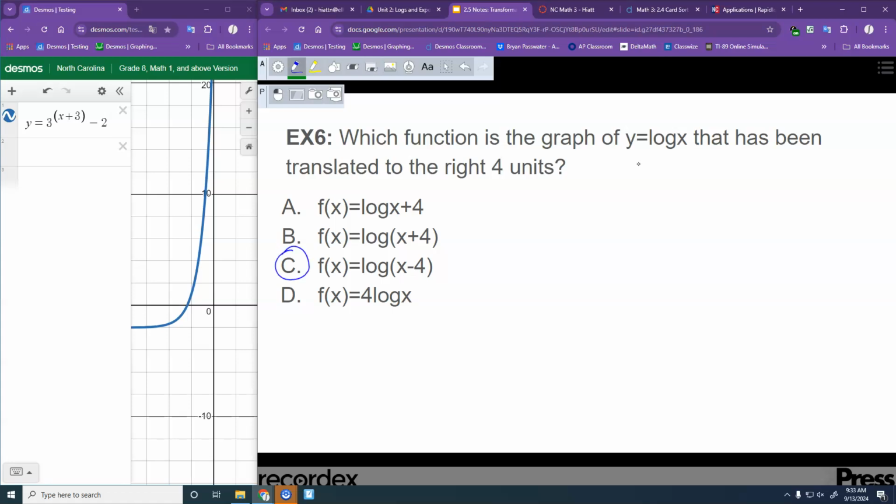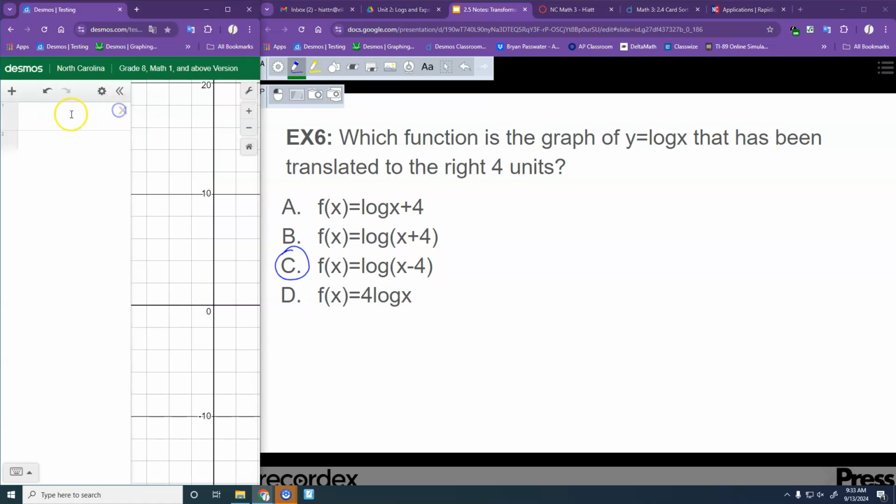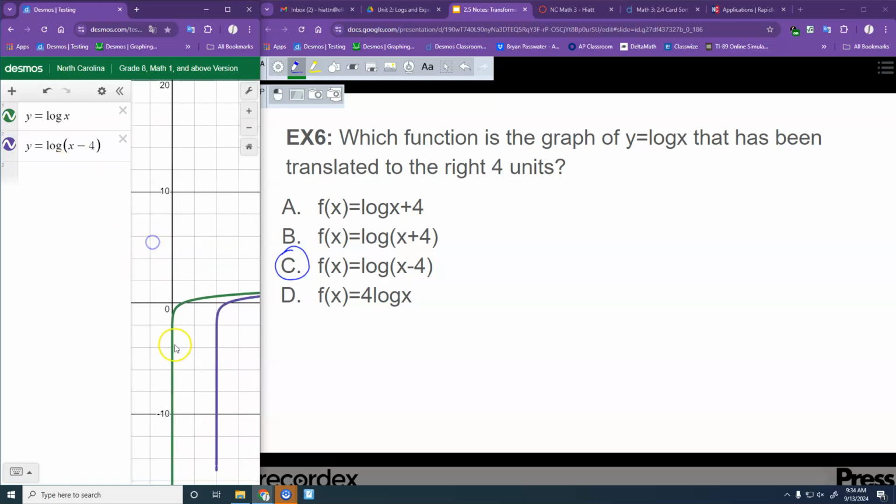Because you got the minus 4 on the inside, it goes the opposite direction. Okay? You can always graph it to check. Graph y equals log x and y equals log of x minus 4. And you can see there that the green graph is log x, the purple has been moved over 4. Okay?